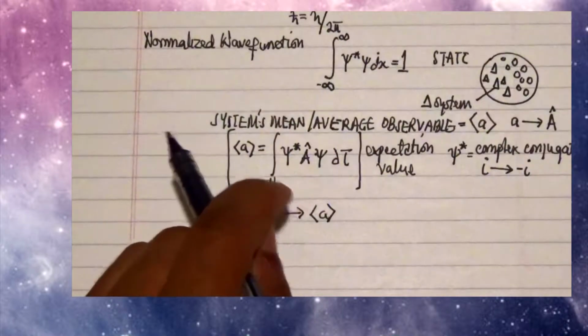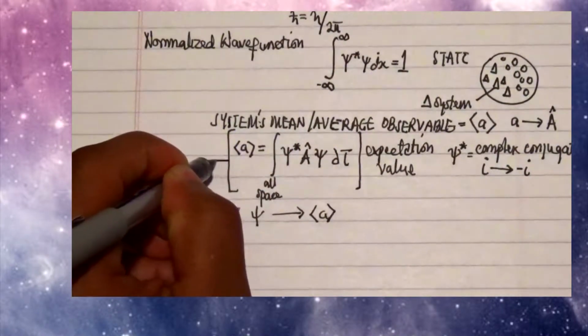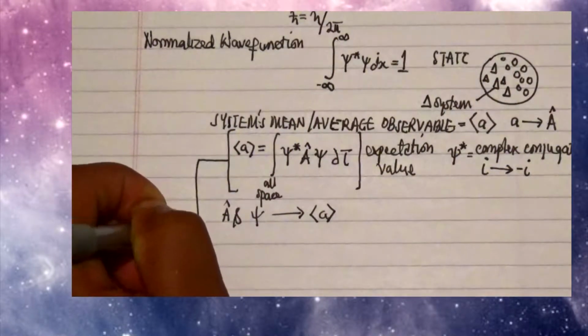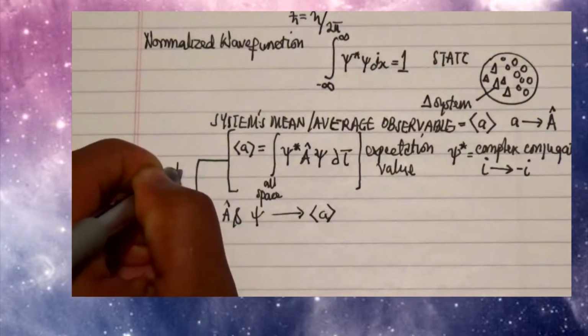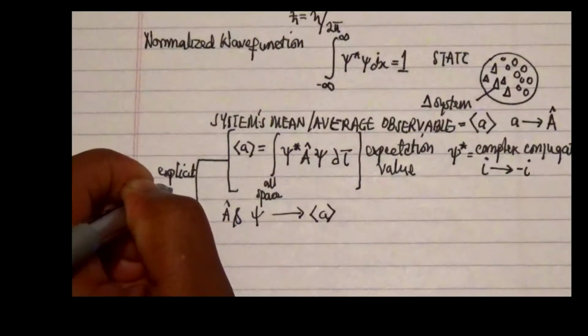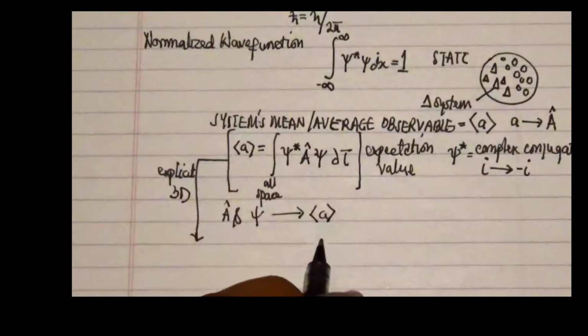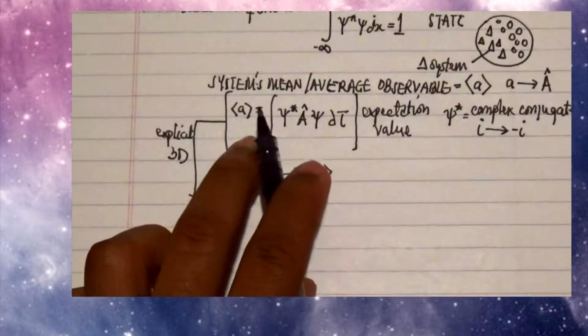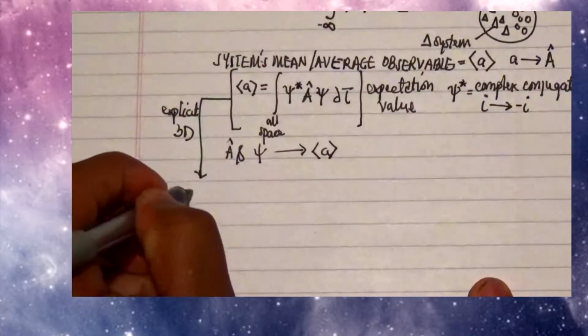Once you understand that this is a representative of one particle in all space, then we can explicitly express this formula for one particle in 3D space. In 3D space, this is rewritten as follows.